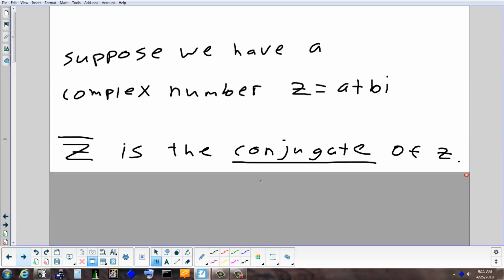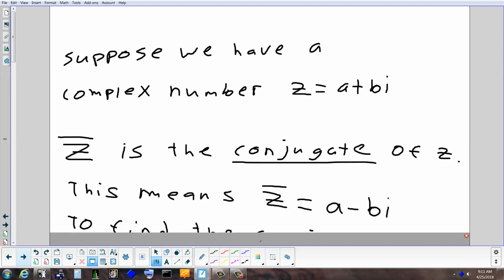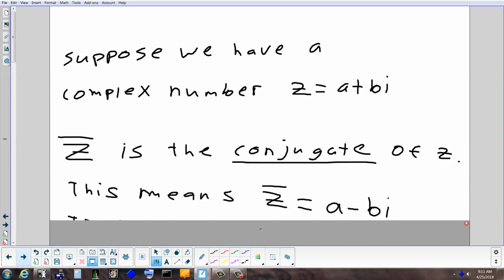Now, I still haven't told you what the conjugate is. All I've done is shown you the symbol for it. Okay. The conjugate is basically when you just take the sign that's between the real and the imaginary part and you change it. That makes it the conjugate.